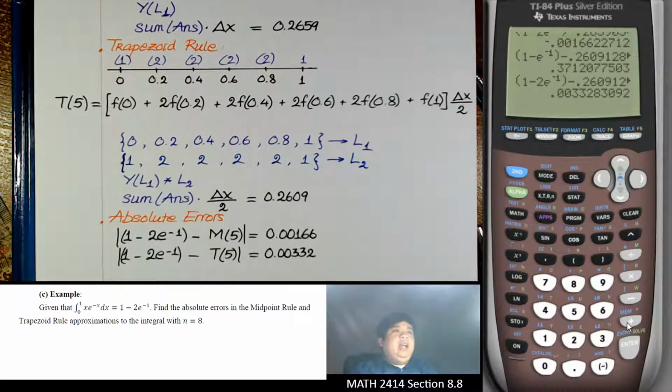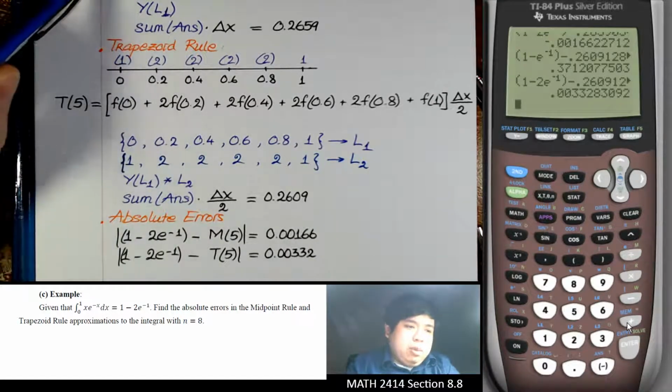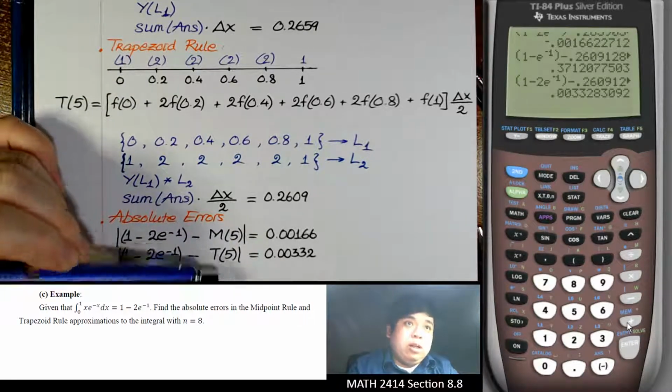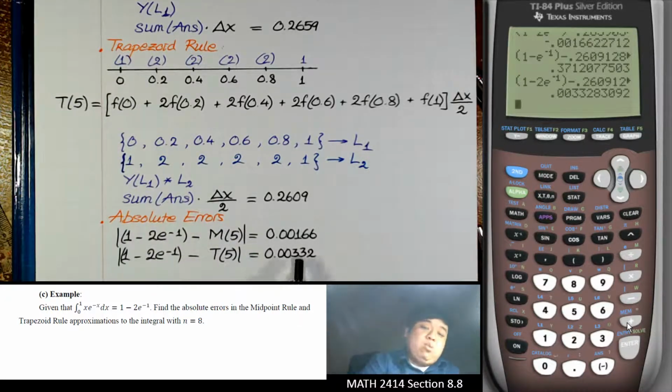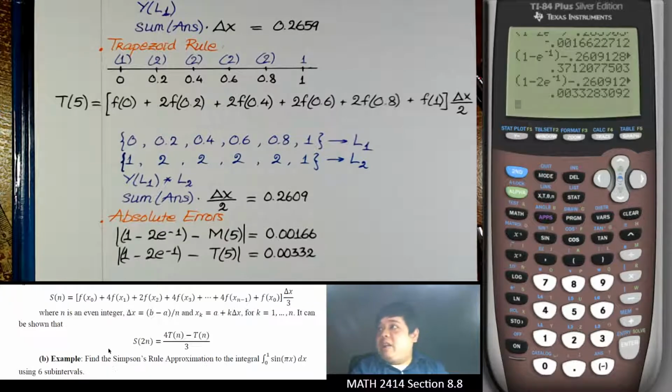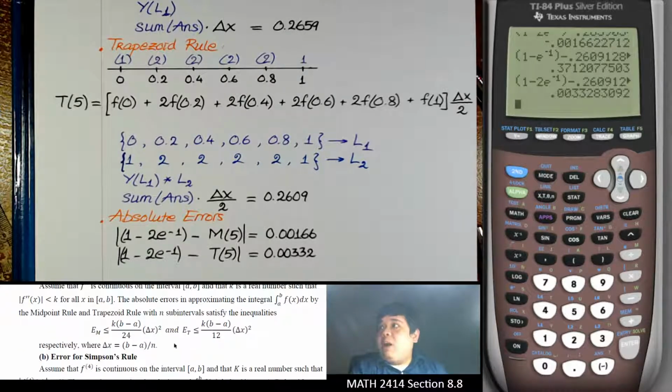Right. Now, when we look at this, we see that the midpoint rule is more accurate than the trapezoid rule. Furthermore, the error looks like this one is twice the other. And why is that? Because later at the end of the section, we learn about the error, and the error in the trapezoid rule is going to be twice the error in the midpoint rule.